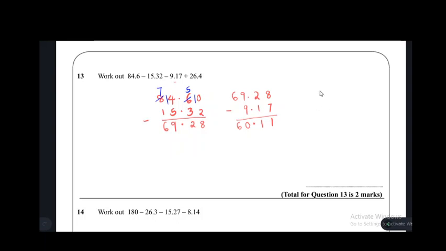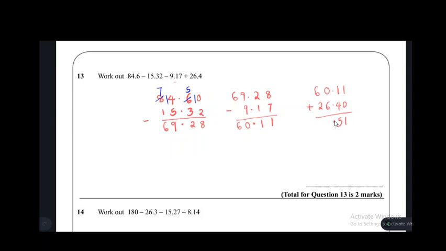I'll rewrite this number that I have gotten. 60.11, and then we are adding, in this case, 26.4. So I'll just put a 0 right there. It makes no difference. 1 plus 0 is 1. 1 plus 4 is 5.